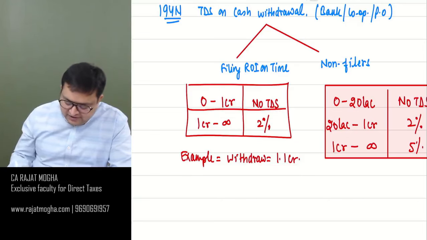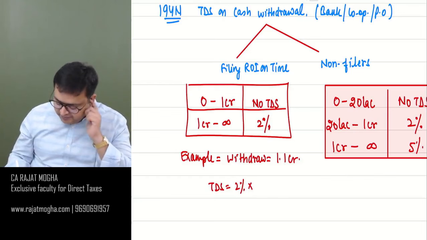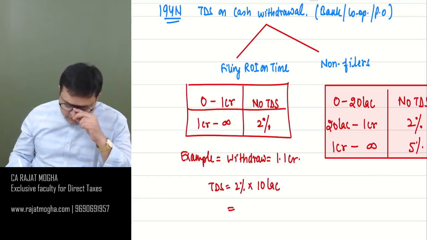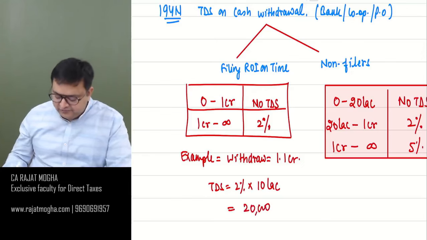TDS would be 2% only in excess of 1 crore. So it would be on 10 lakh, 0.1 crore, so it would be 20,000 rupees.